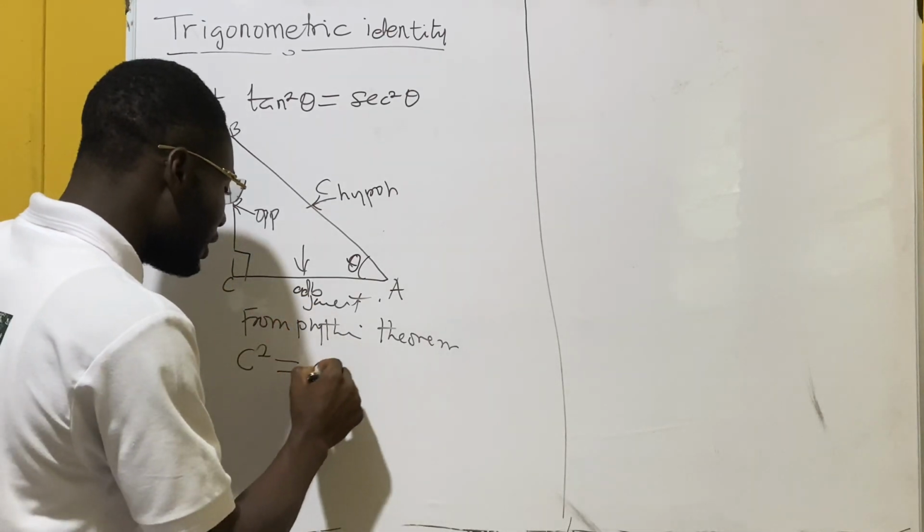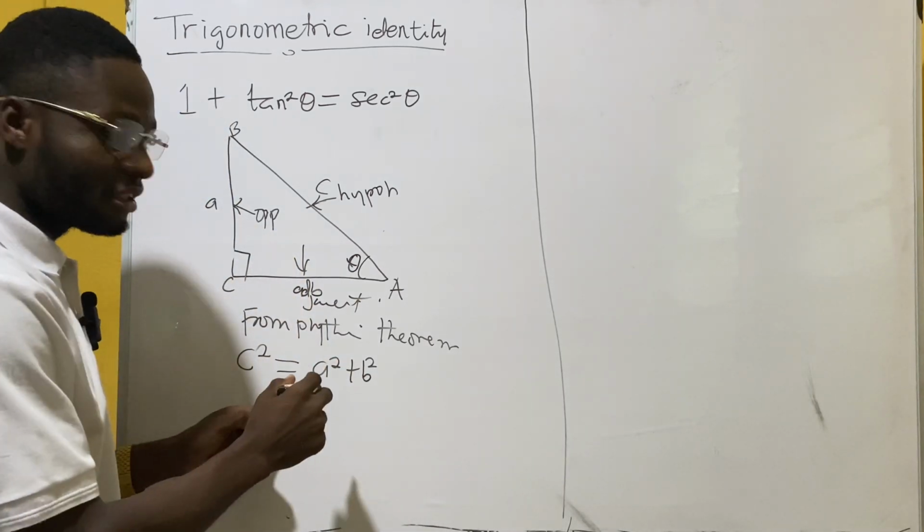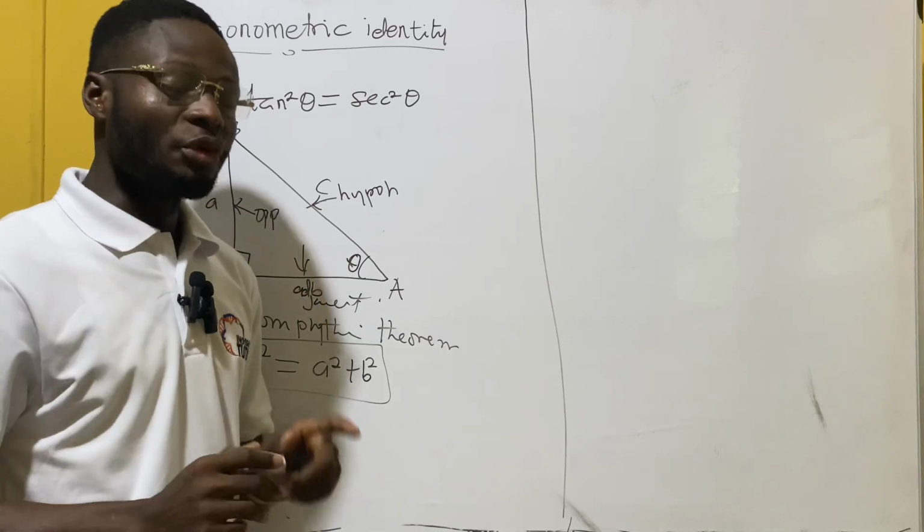So a squared plus b squared, right? So we have this information. Let's get it down.